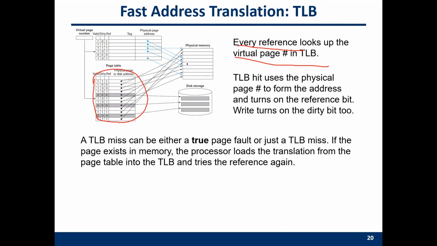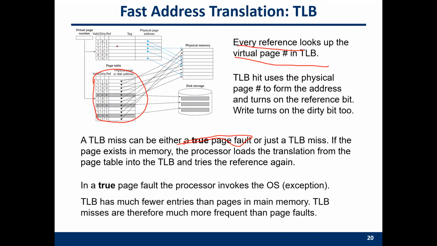That's the so-called page fault, or a true page fault. So you have different cases for a TLB miss. One TLB miss may trigger a page fault, or you just fetch that translation to the cache. It can be slow and it can be very fast.